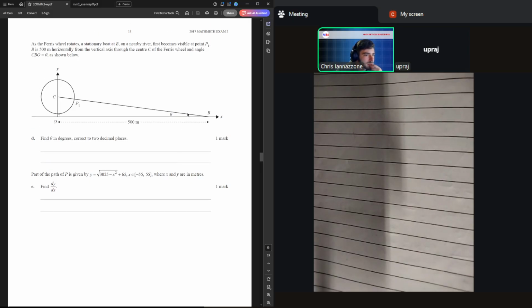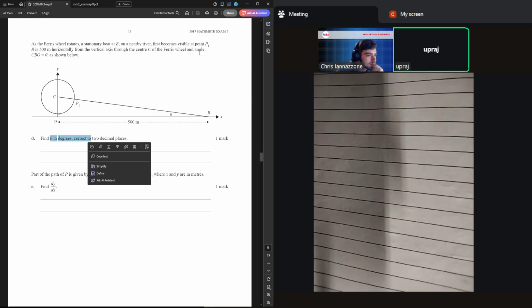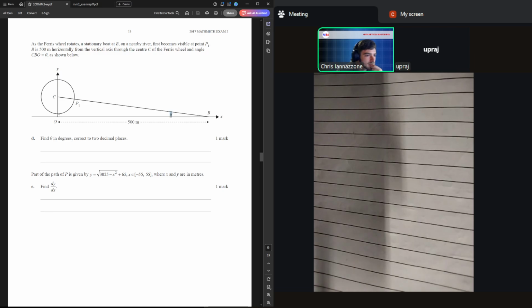I remember these getting a bit interesting, although it's been a while. Going to theta, where theta's there. This is with reference to the old one, right?